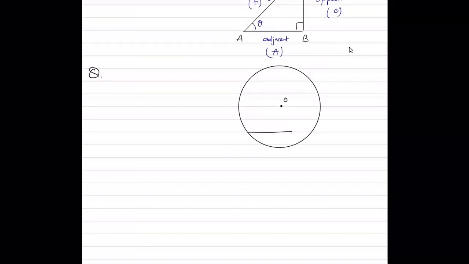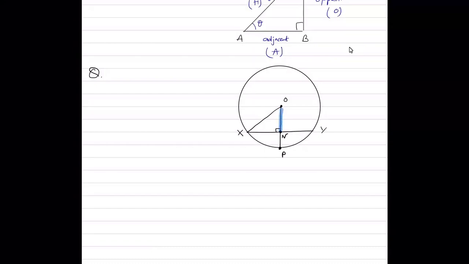This XY is a chord in a circle. O is the center. OX is the radius. And there's a line that extends from O till the circumference and intersects the circumference at P, and it cuts the chord XY at N. So this line OP is known as the perpendicular bisector.